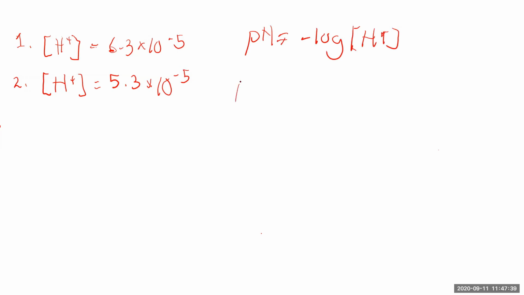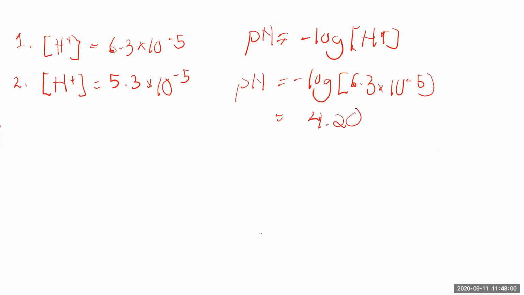So the pH here for number 1, negative log of 6.3 times 10 raised to the power of -5. So by using your calculator, you can have a value of 4.20. So that would be the pH for number 1. Remember, when you multiply log with the value negative, it's always a negative. So when we try to do the pH, you should turn it into a positive.